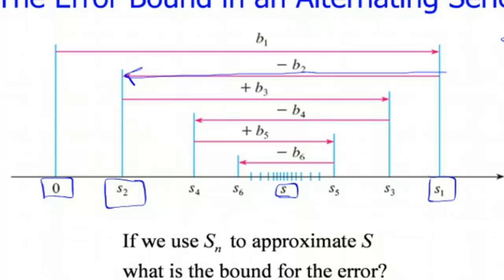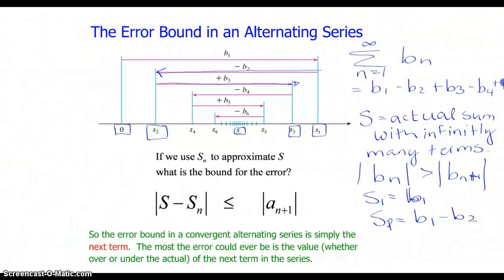Can you see what they're doing here? From that second partial sum, b sub 3 is a positive value, so they come over here to the third partial sum. Sorry, that should be a 2. The third partial sum is b sub 1 minus b sub 2 plus b sub 3.